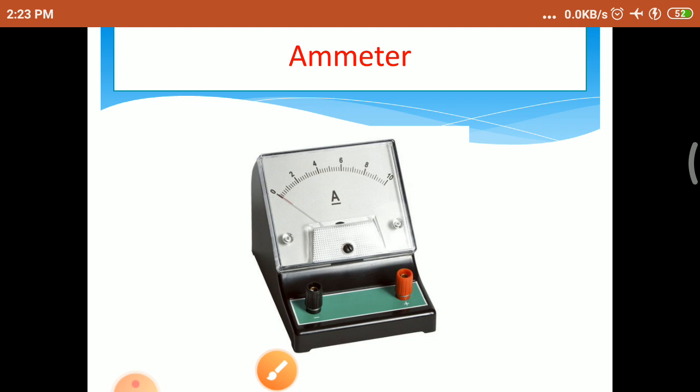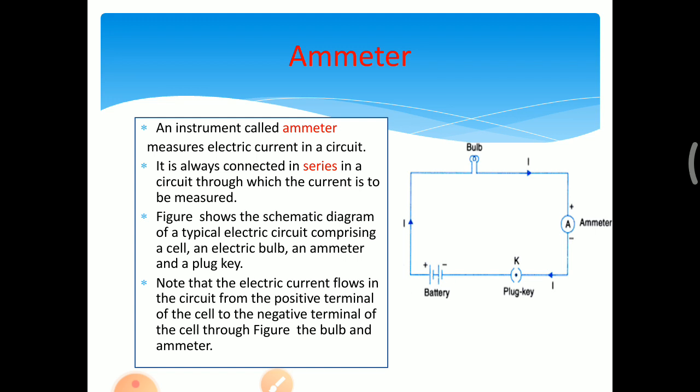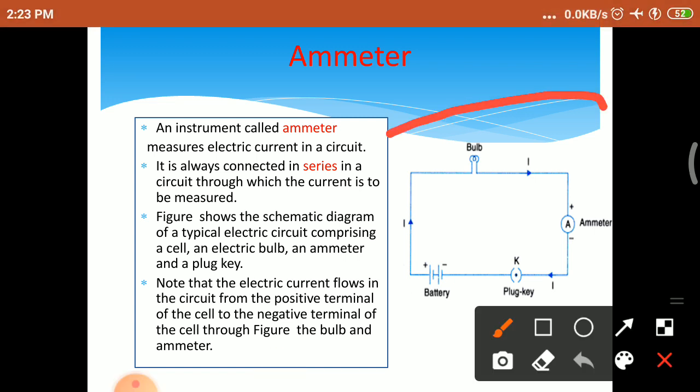So how can I connect this ammeter to the circuit to measure the electric current? An instrument called an ammeter measures electric current in a circuit. Look at this image. This is a circuit.